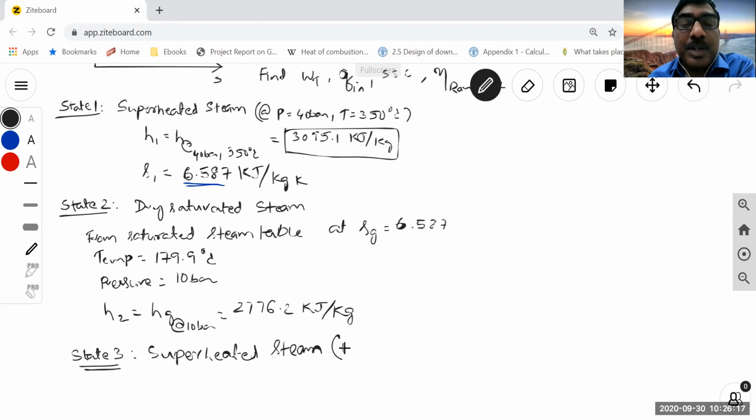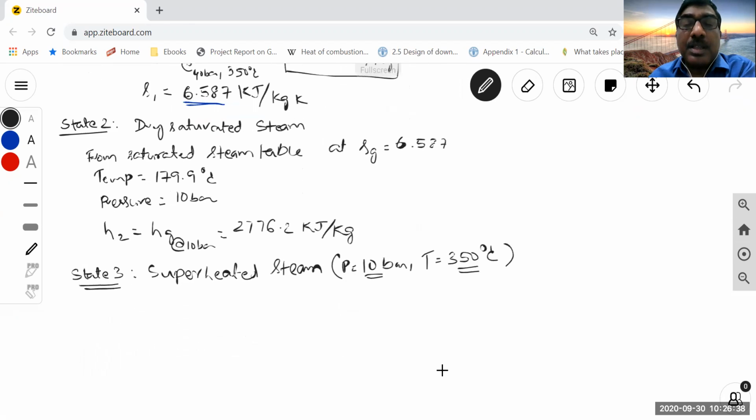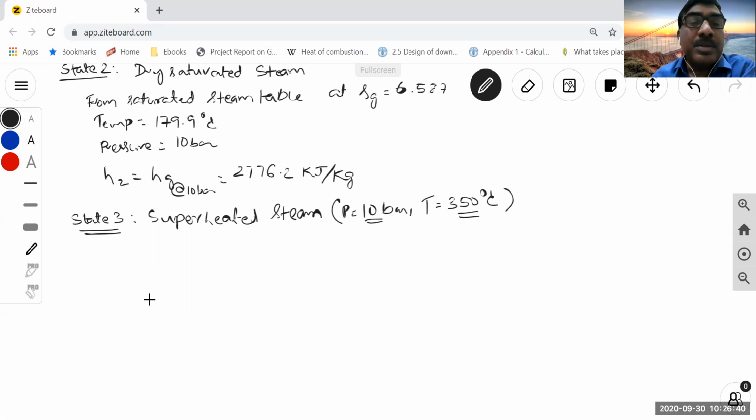The pressure is equal to 10 bar and the temperature is again the same, 350 degrees centigrade, because for the second stage also the inlet temperature is brought to the inlet temperature of the first stage. So we have to find out for 10 bar and 350 degrees centigrade what is the enthalpy value and entropy value for state 3. So for that again we will see the tables now.